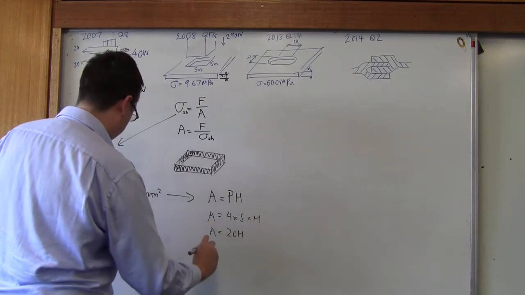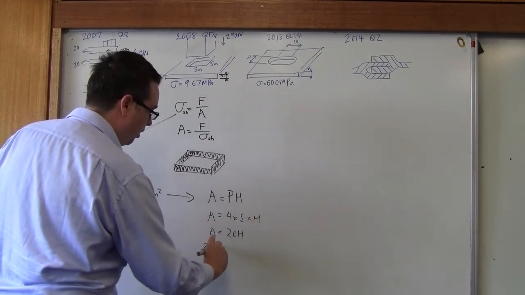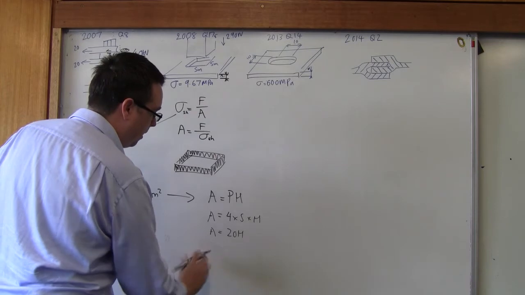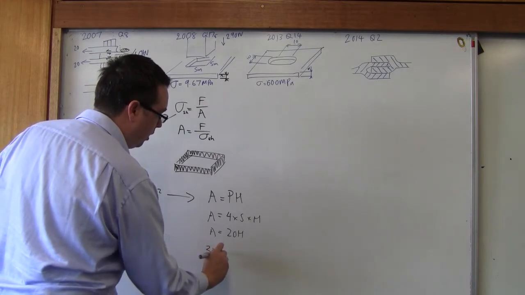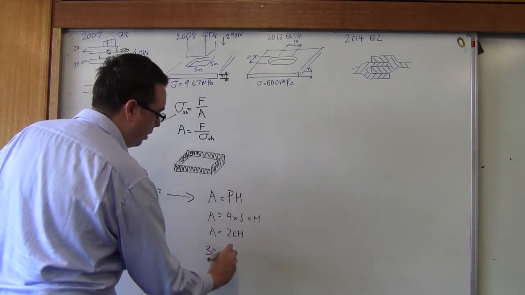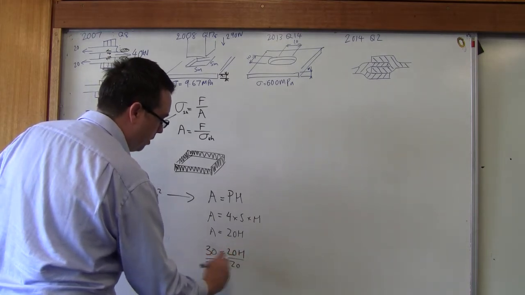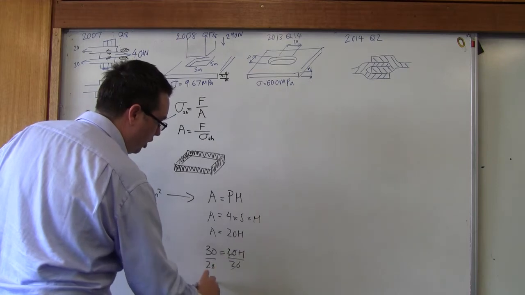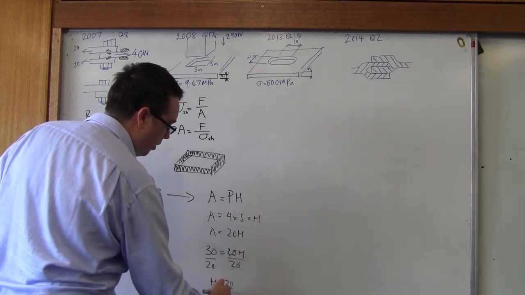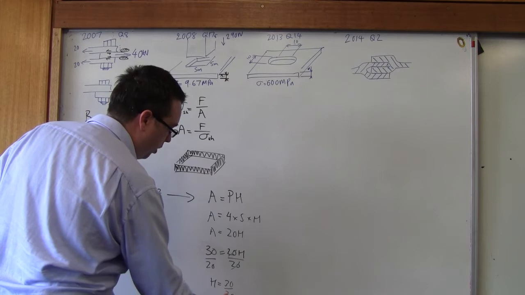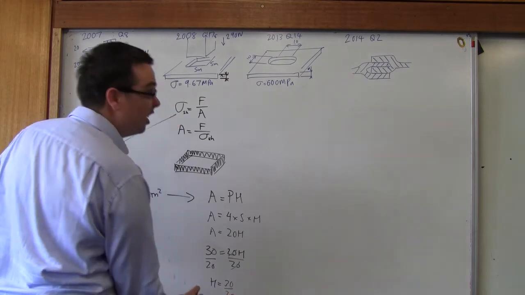So if we know that our area equals 29.9, we just call it 30, then 30 equals 20h. We can divide both sides by 20, and we can say h equals 30 divided by 20, which is going to be equal to 1.5 millimeters thick.